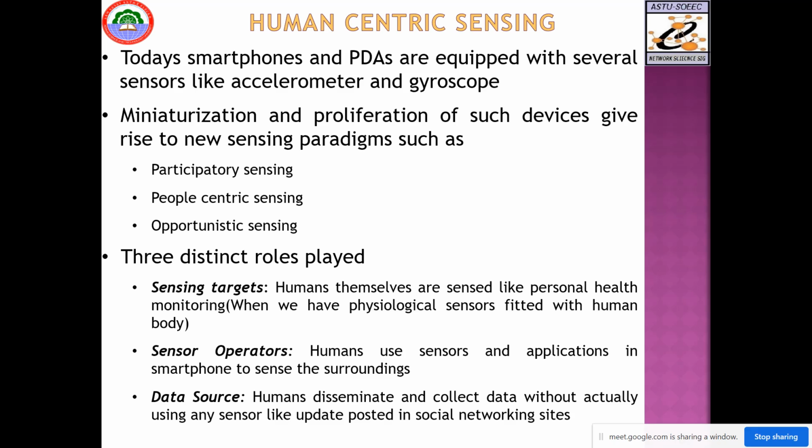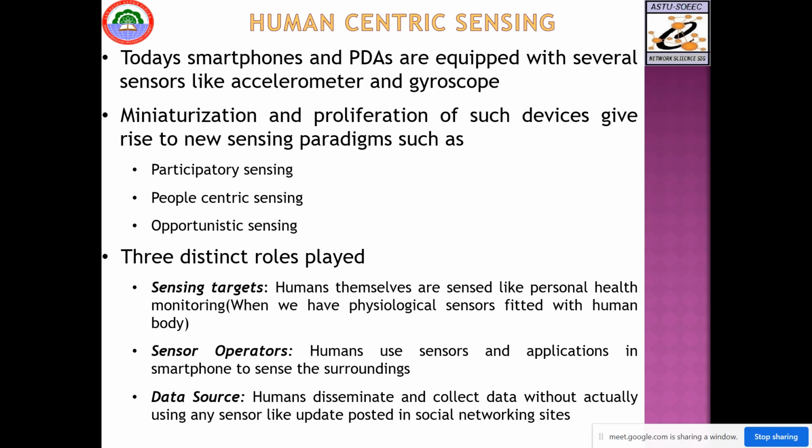We also have challenges like other networks, like the energy of the device, the battery backup of those devices, and participant selection. We need to select which node to transfer, which node to receive, and which nodes to integrate into that network.